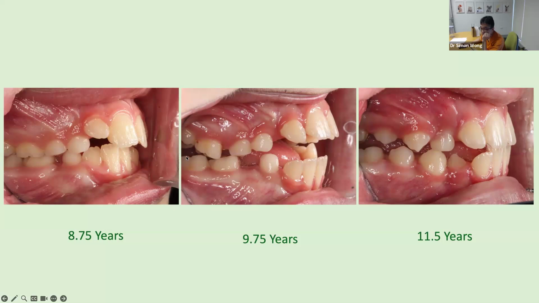You'll see here the 6 molar on the top has been intruded to create like a 5 mil gap. And you'll see the old occlusal plane where the E and the D are still in contact.